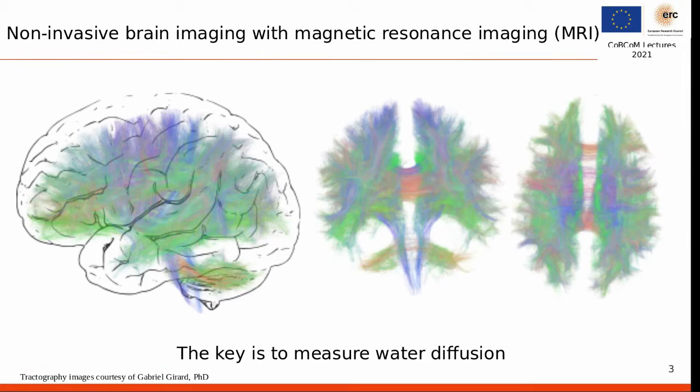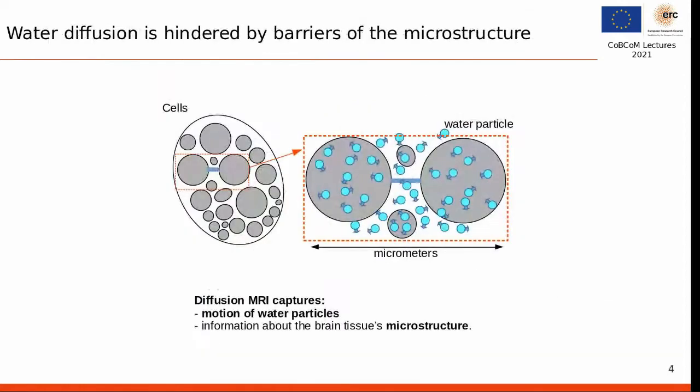However, we can do many other things with the use of diffusion information. Indeed, the key for this kind of processing is really the measurement of water diffusion. Water diffusion actually occurs at a micrometer scale, and in the brain live tissue, it's hindered by the barriers of the so-called microstructure.